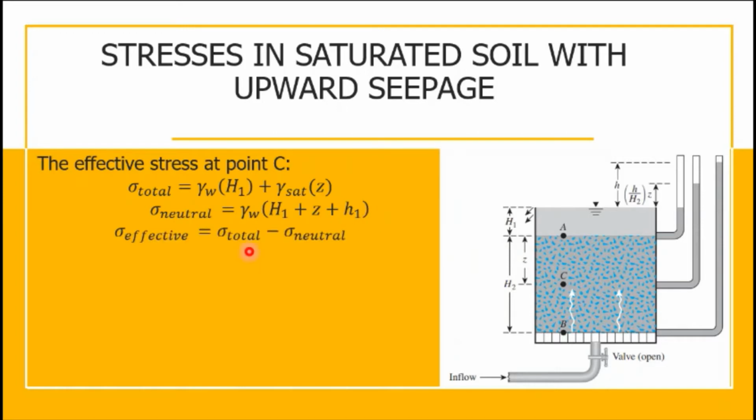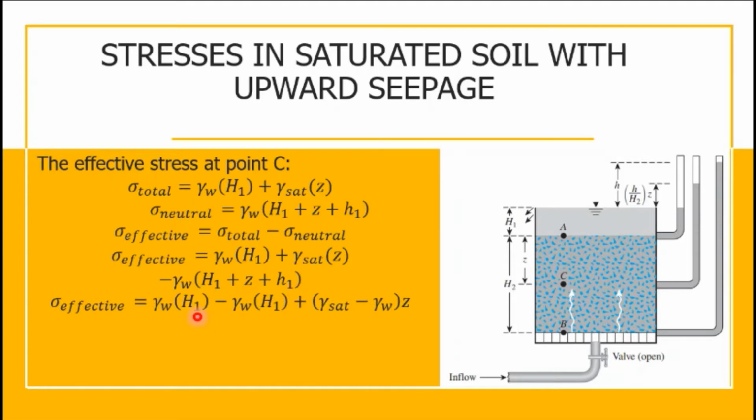Therefore, the effective stress is equal to the total stress minus the neutral stress, and we combine the two equations. Unit weight of water multiplied by H sub 1 plus saturated unit weight of the soil multiplied by Z, minus the neutral stress, which is equal to unit weight of water multiplied by H sub 1 plus Z plus small letter h sub 1, or the seepage at point C. So this will give us unit weight of water multiplied by H sub 1 minus unit weight of water multiplied by H sub 1, because we already combined this.